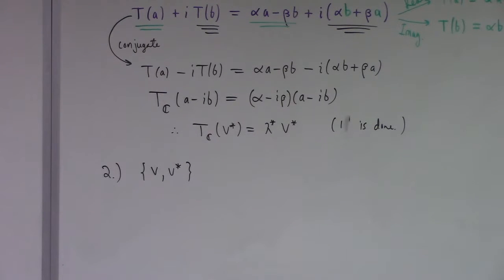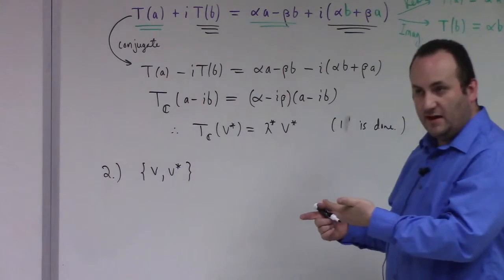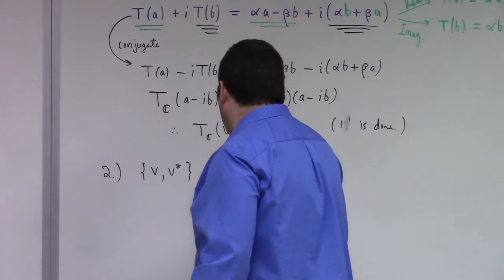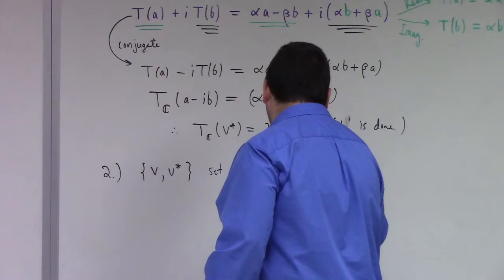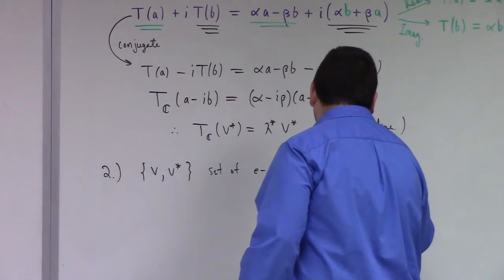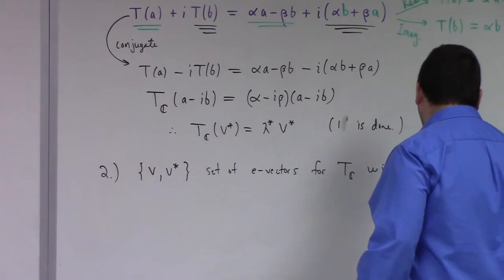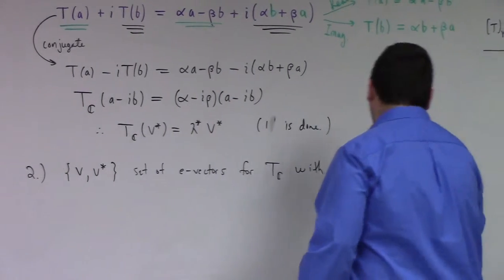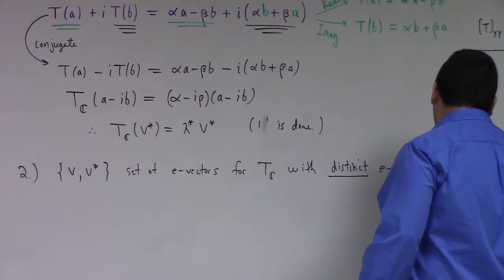Well, yes. It's a set of eigenvectors for the complexification, with distinct eigenvalues, right? Because lambda is not equal to lambda star, right?